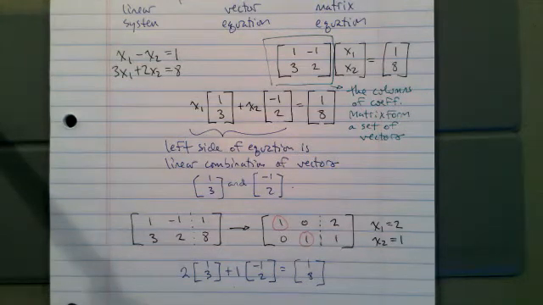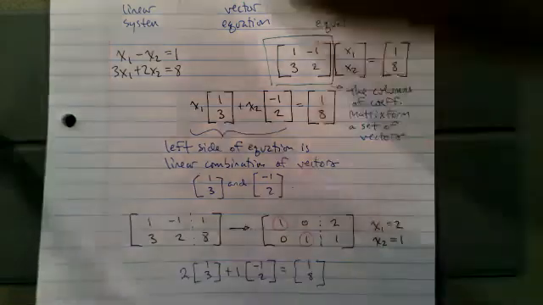Let's take a look at problem 5 of the linear combinations notes, another example. So we have a set of vectors.